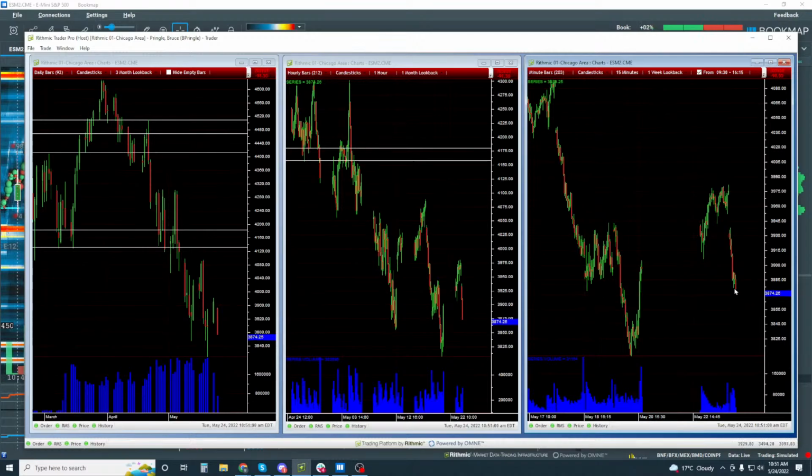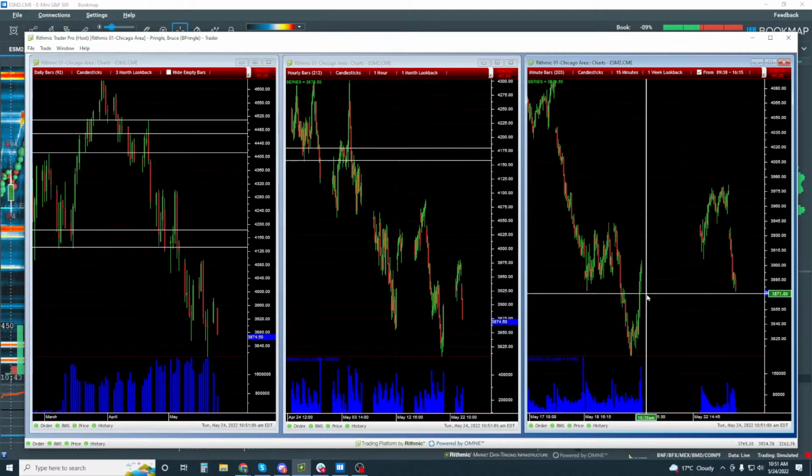And that's where we are right now. And this wick here on this 15-minute right here, if you can see it. Okay, I know that might be hard on the eyes. So we're just testing it now. So we're around this kind of 72-ish level, and just testing that now.